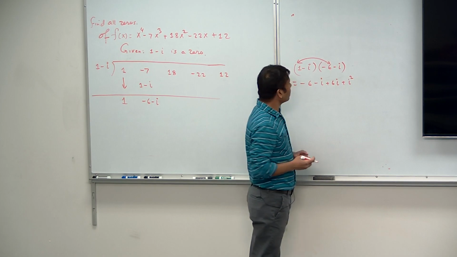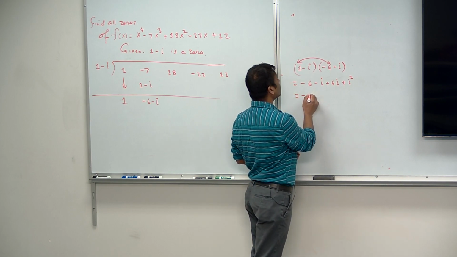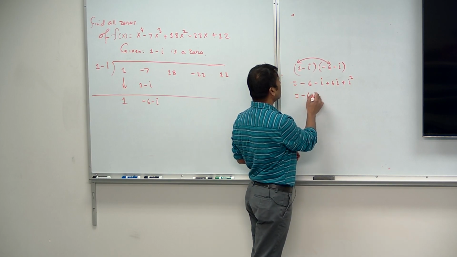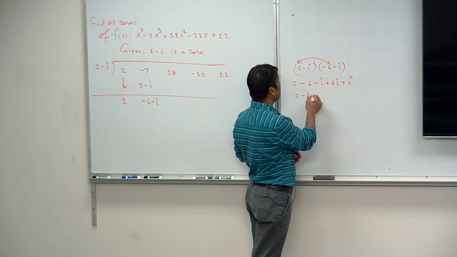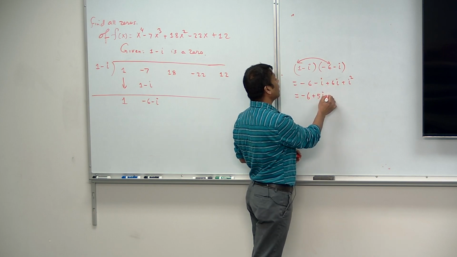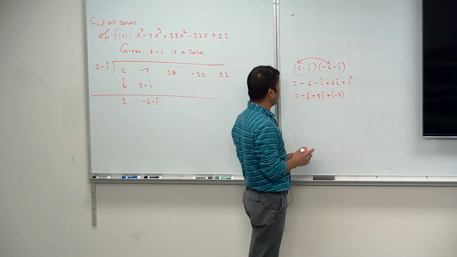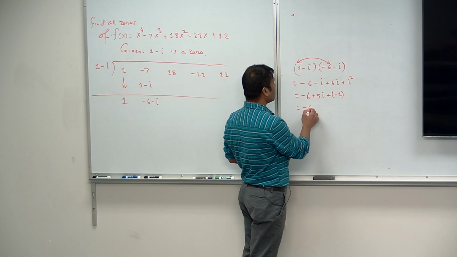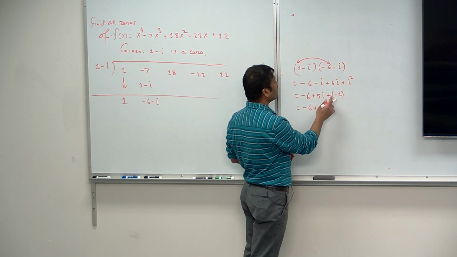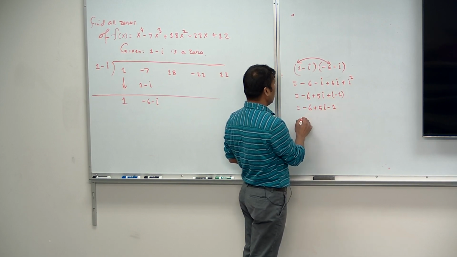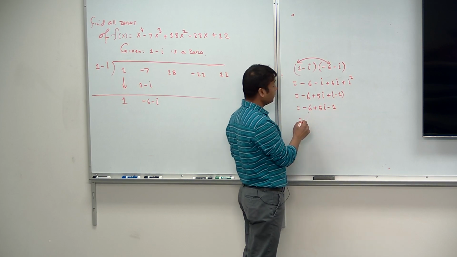Good? So now this is negative 6, negative i plus 6i, plus 5i. And this i squared is negative 1. Right? So negative 6 plus 5i, and this positive times negative is negative 1. So what is negative 6 minus 1?